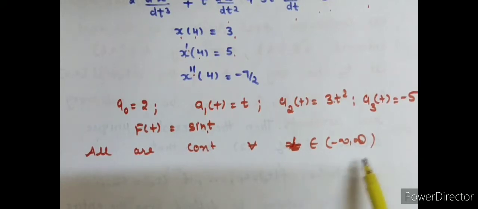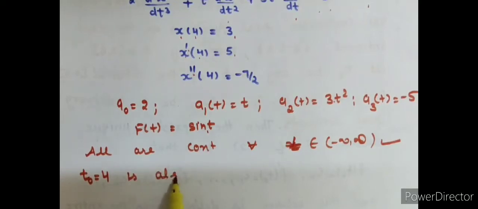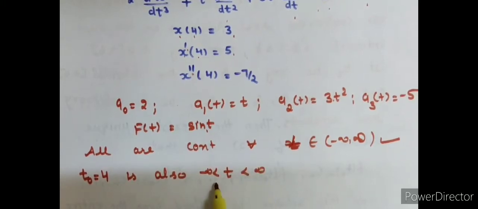The first condition of the theorem is satisfied here, and one more thing, this t naught is 4, and this 4 also belongs to the interval where t is greater than minus infinity and less than infinity.